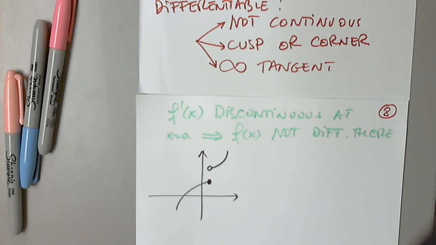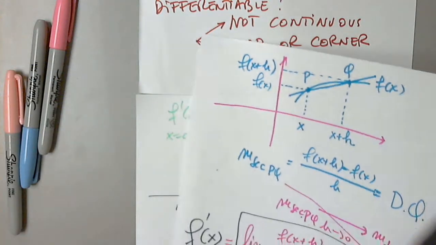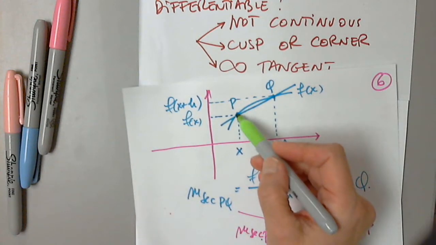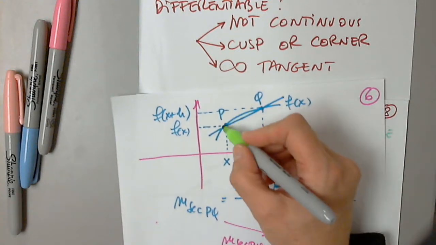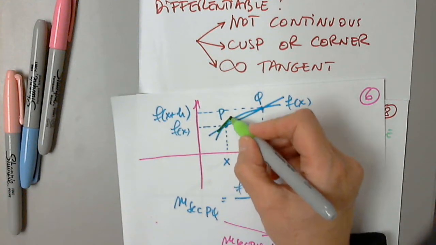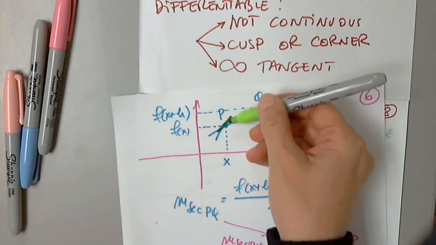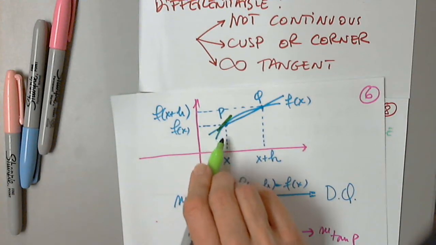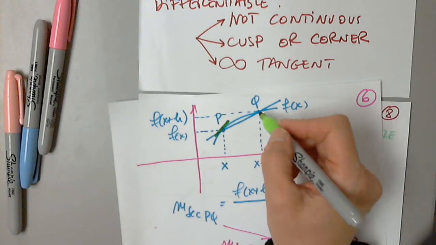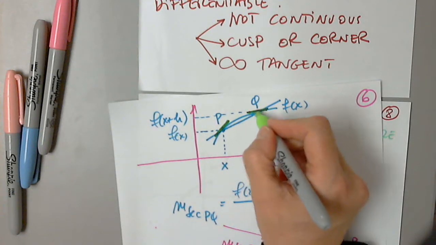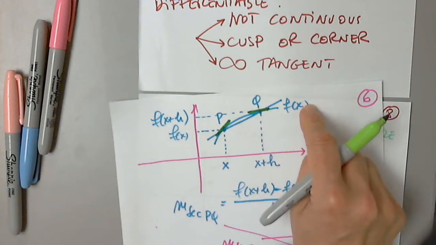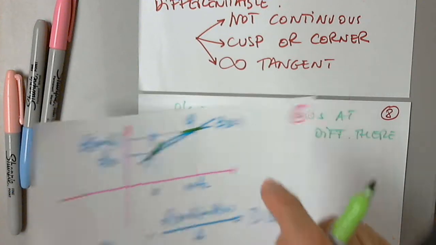It's because it has two tangents. This function is differentiable at p because there is a unique tangent at p, just one. The tangent from this side has the same slope as the tangent from this side. Same slope, unique tangent. Same thing here. There is a unique tangent at q, which means the function is differentiable at q.